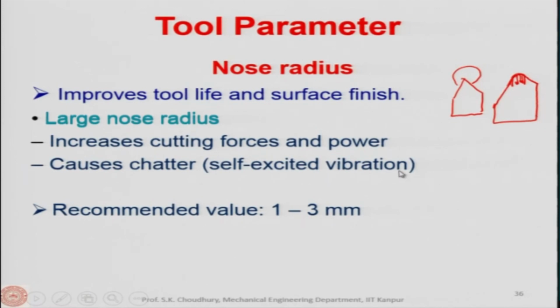That is the self excited vibration, the tool life will be less, the surface finish of the workpiece will be bad, and so on. Normal recommended values of the nose radius are between 1 to 3 millimeter. Below that, of course, you will have more stress concentration, and higher than 3 millimeter, it will have more chattering, and the tool life will be less.